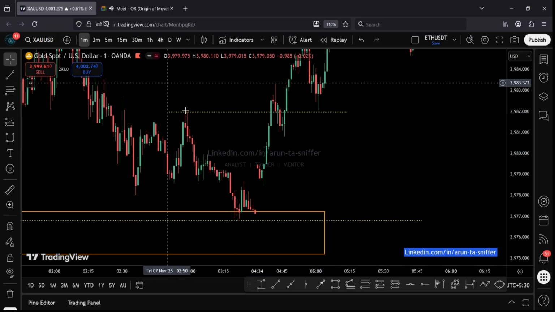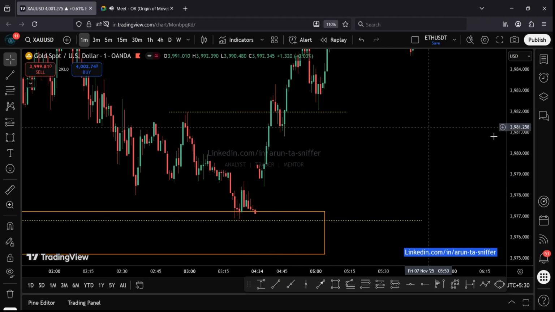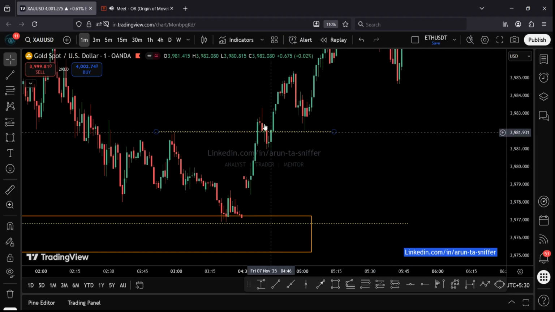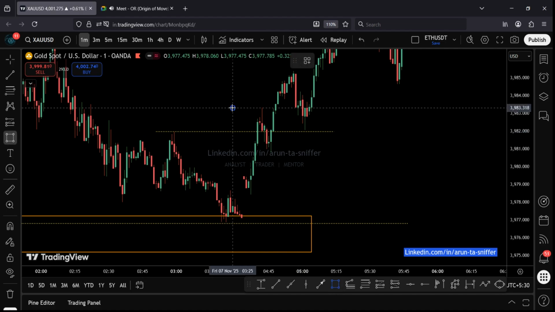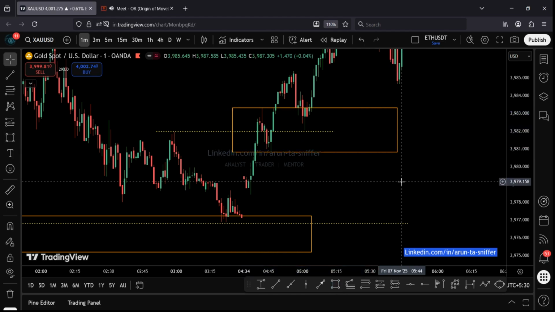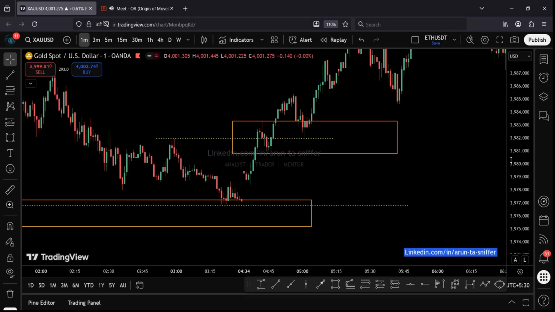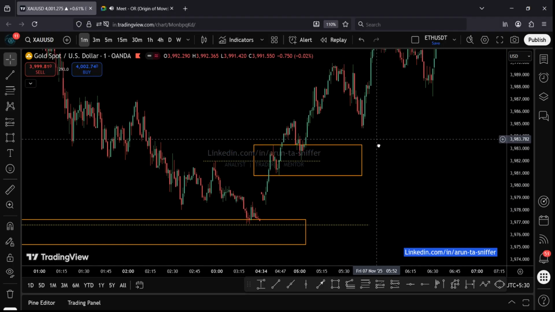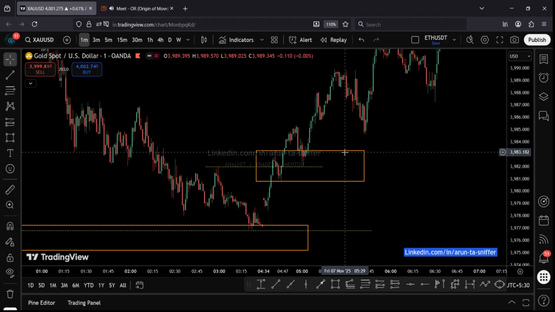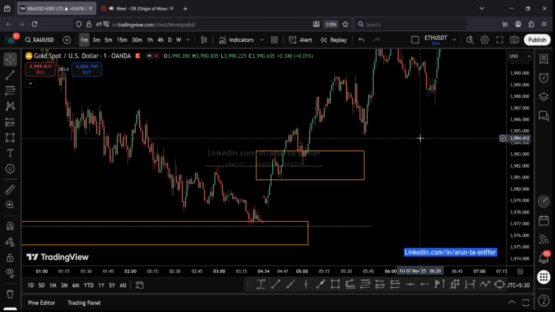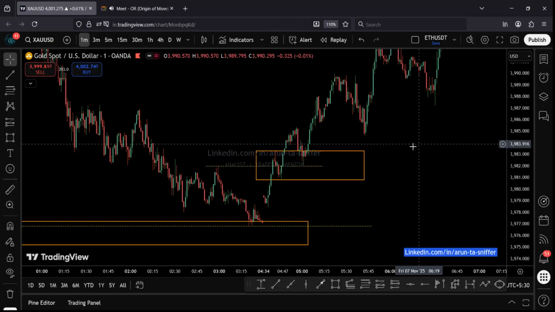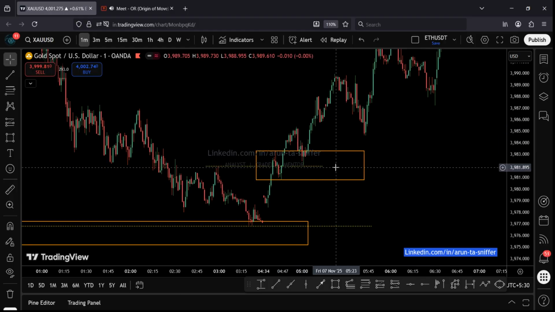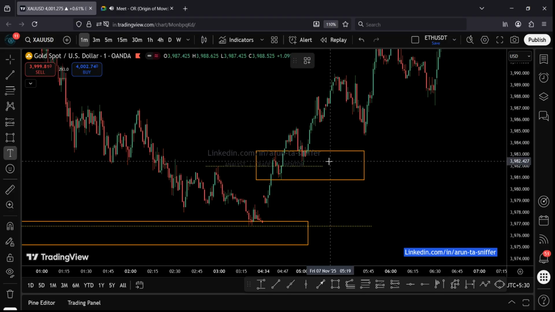Okay, price goes up, engulfs this, pulls back, goes up again. So this makes a zone. Price came back to this RSFL, right? Came back to this. This one is our RSFL.